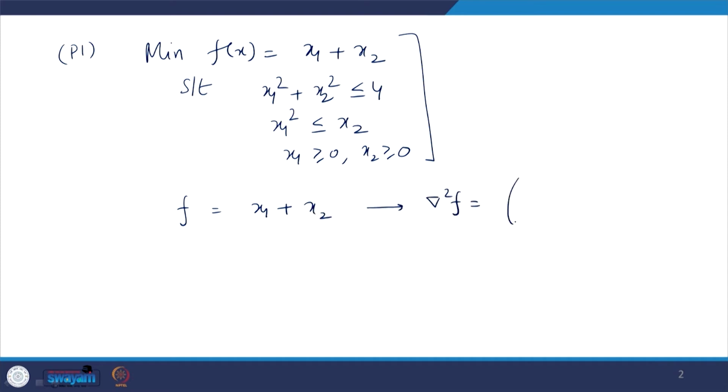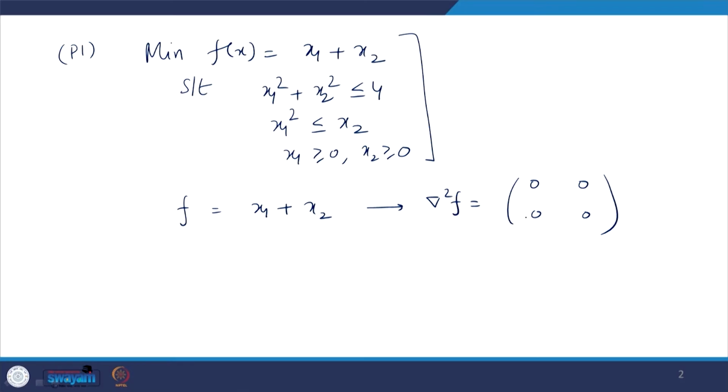The Hessian matrix is simply 0 0 0 0, or you can directly say that since the objective function is linear and a linear function is obviously convex, hence f is convex. Or you find the Hessian matrix comes out to be a null matrix, and a null matrix is basically a positive semi-definite matrix. So, we can say that this function is convex.